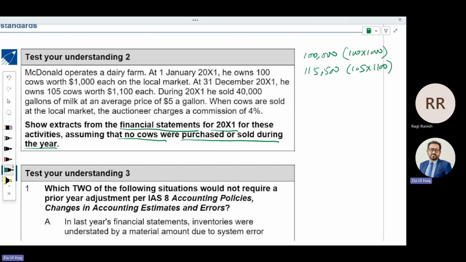During 20x1, he sold 40,000 gallons of milk at an average price of 5 per gallon. When cows are sold at the local market, the auctioneer charges a commission of 4%.